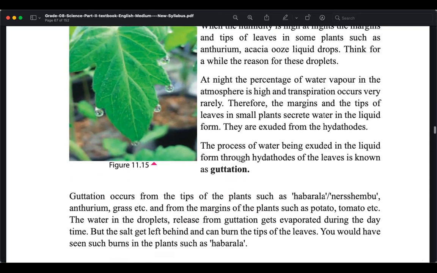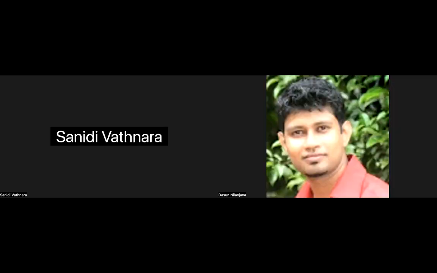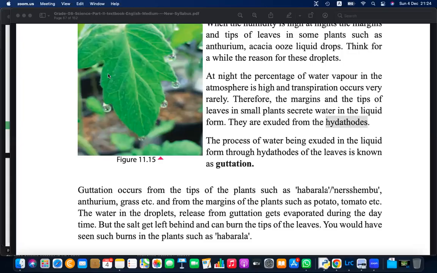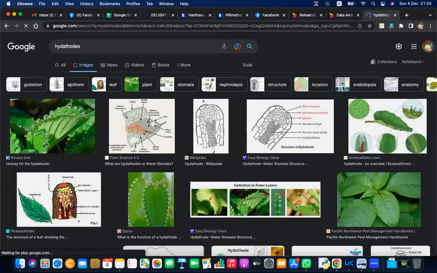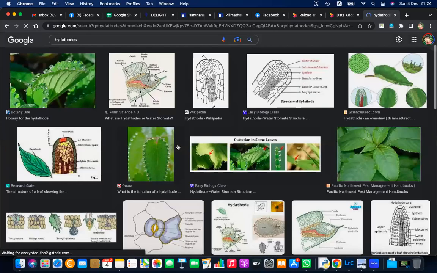Actually, there are something called hydathodes. Hydathodes, let me show, are not the same thing that was helping in transpiration. See this, a hydathode is a kind of small hole in the plant leaf.